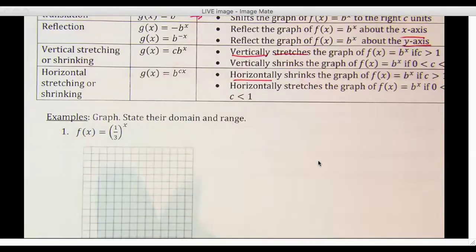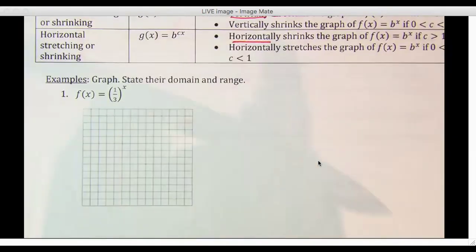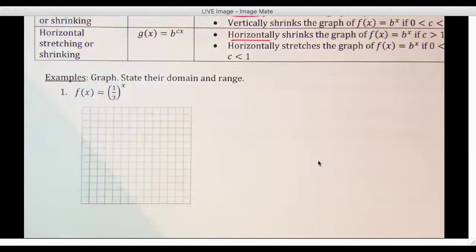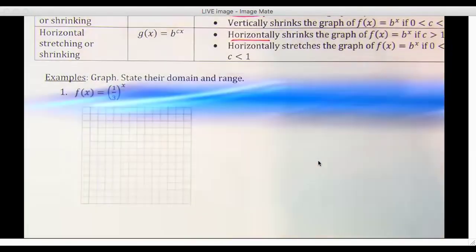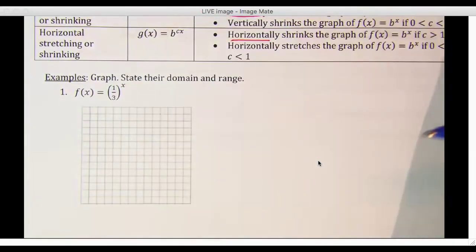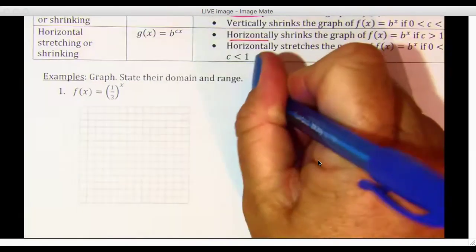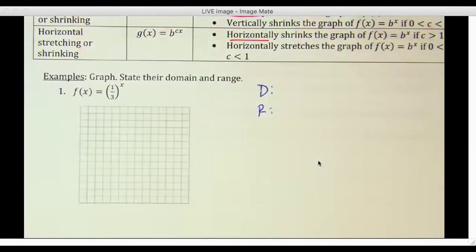Now, probably the shifts we see the most are the shifting up, down, left, and right, and maybe a vertical stretch or shrink, or flipping across the x-axis, but we usually don't do too much of the horizontal stretch and shrink. So here it asks us to graph and to state our domain and range. I'm going to write D and R just as a reminder to myself that I need to state the domain and range.